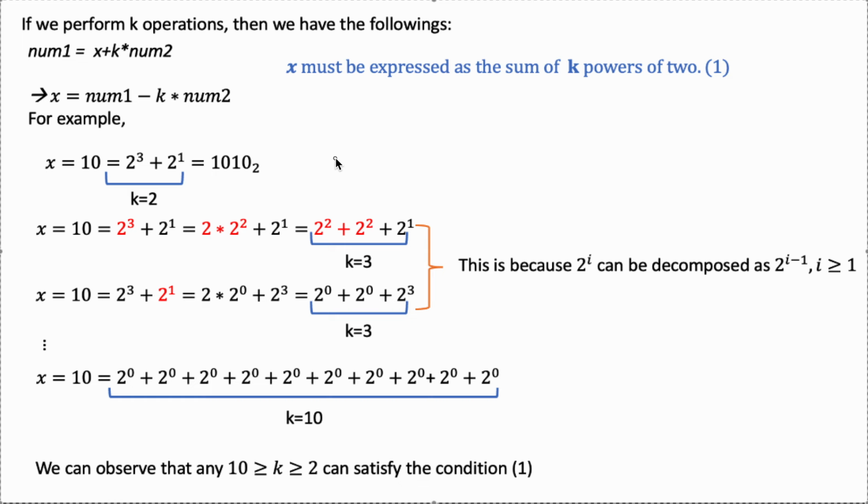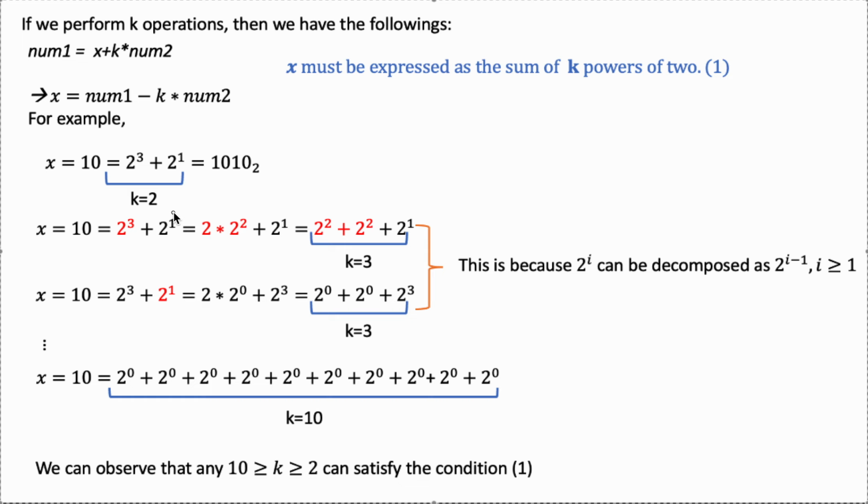So what is the value of x? Let me give an example. Here I have x equal to 10, and we can write x in binary form, which is the most compact form of 10. If we have only 2 steps, we can somehow express it as a combination of powers of 2.